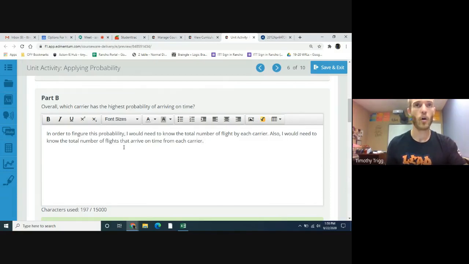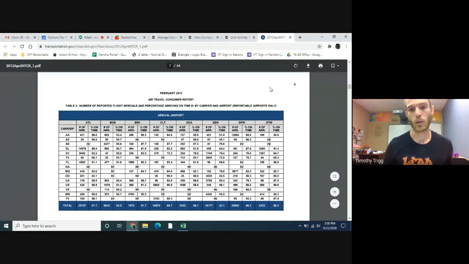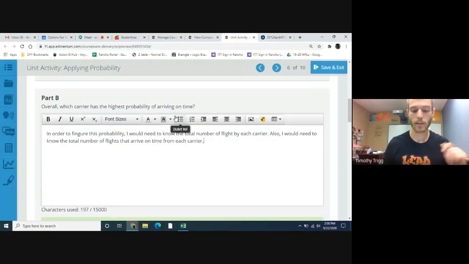You'd have to do that for all the carriers, right? So you would need every single American Airlines flight and every single American Airlines flight that arrives on time, and calculate that probability. Then you'd have to do that for Delta Airlines and United and so on. With all this data in here, you'd have to do a lot of calculating. Okay.